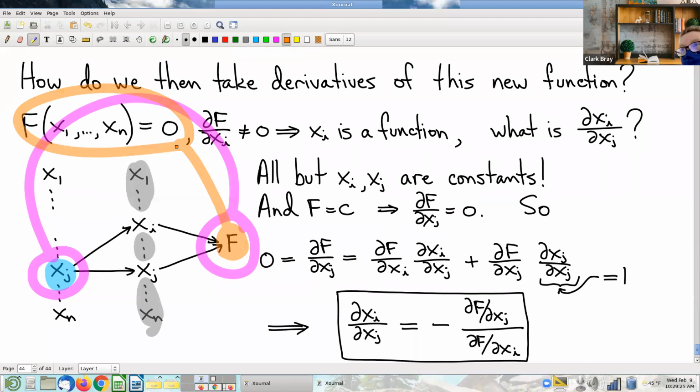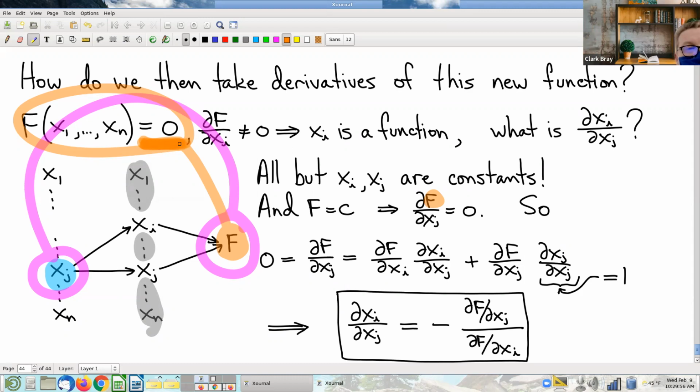So when we say that xi is a function of the other variables, what we mean is xi is defined to be whatever it is, nearby, locally, whatever it has to be to make f remain constant. And if f is fixed, constant, not allowed to change from 0, it's always 0, well, then its derivative is also 0. Yep. Is that the level set?